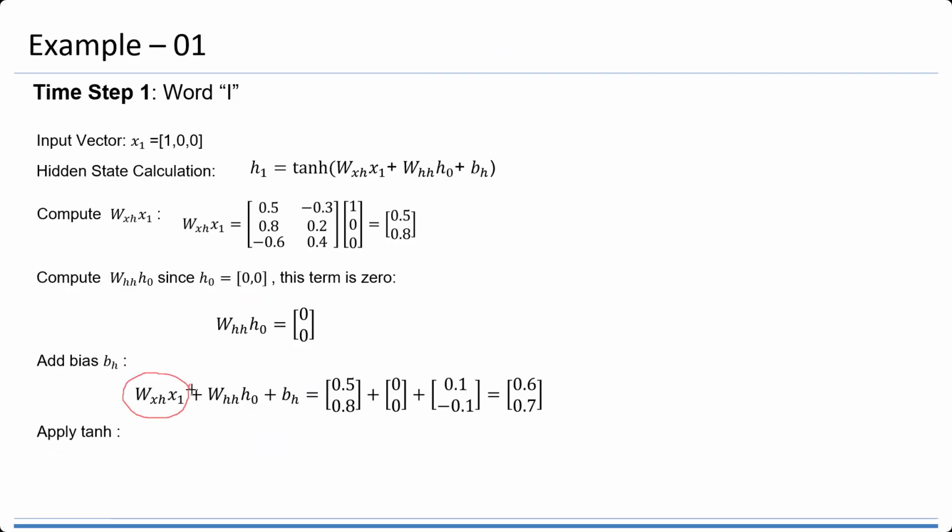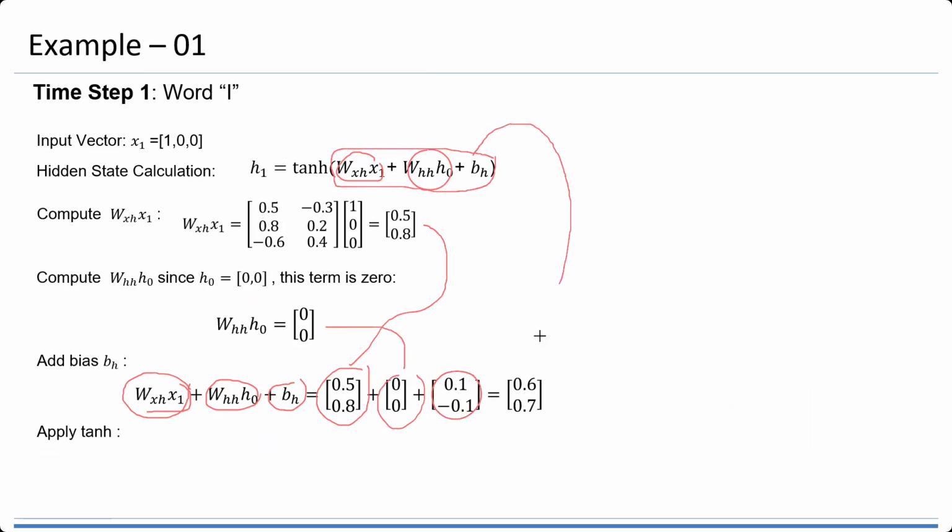We have the WXH times x1 here, and then the WHH multiplied by H0 plus the bias. Then this one is from here, 0, 0 from here, plus the bias that we have. So this result will be a matrix with 2 rows and 1 column.